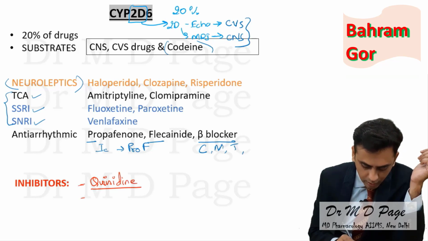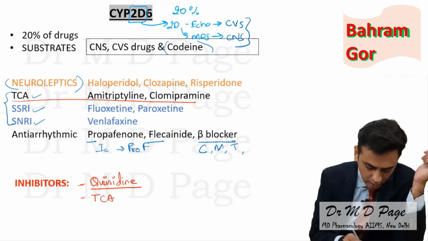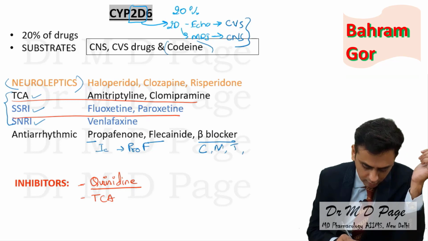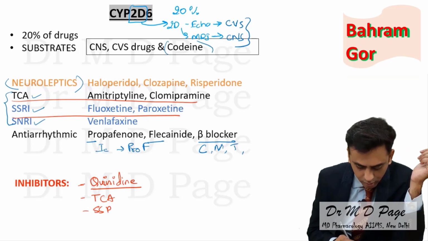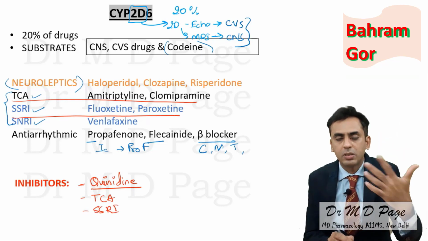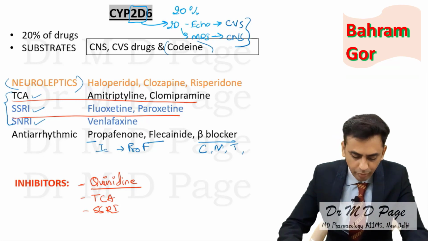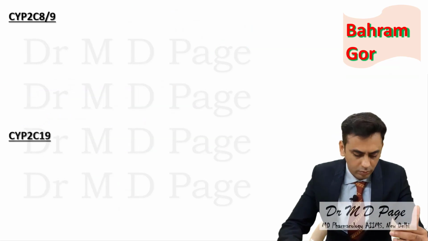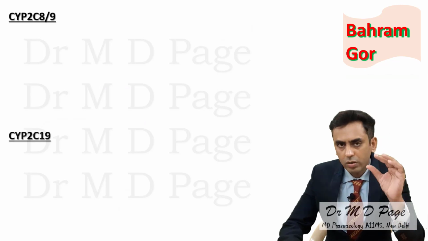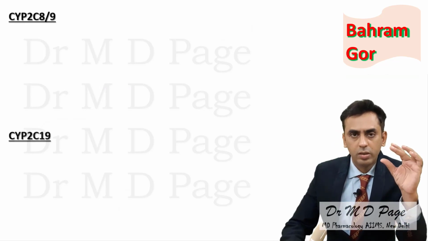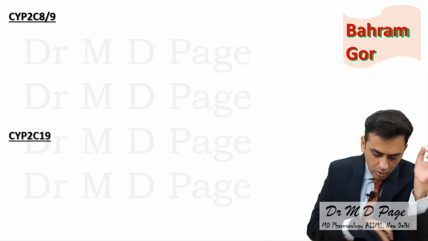Apart from quinidine, the substrates tricyclic antidepressants as well as SSRIs are also its inhibitors. So its substrates and inhibitors are very easy to remember. No need for any mnemonic.